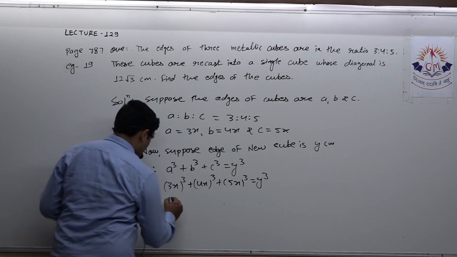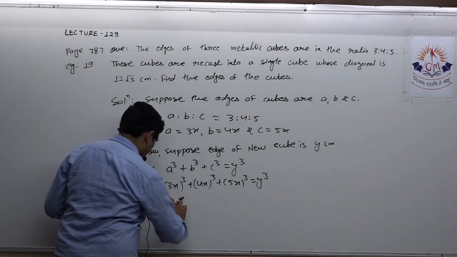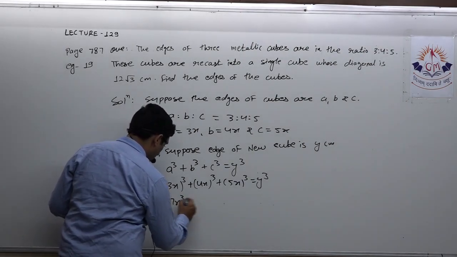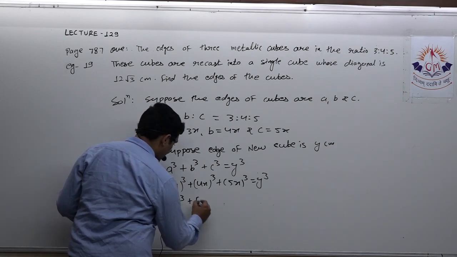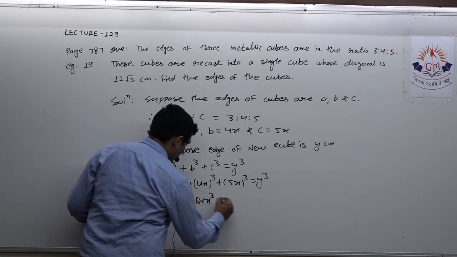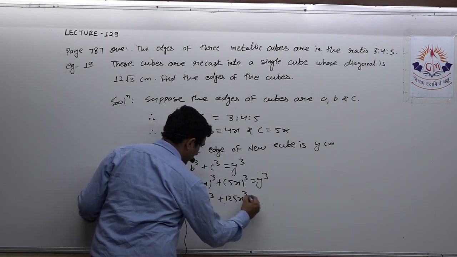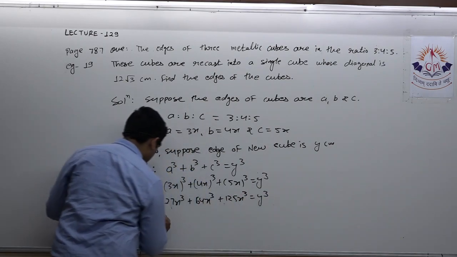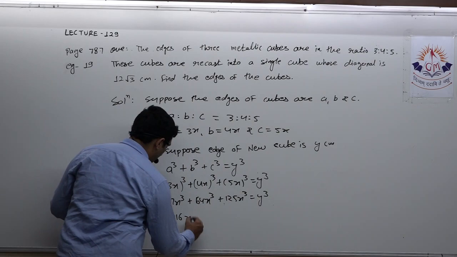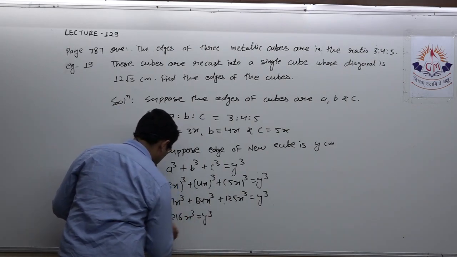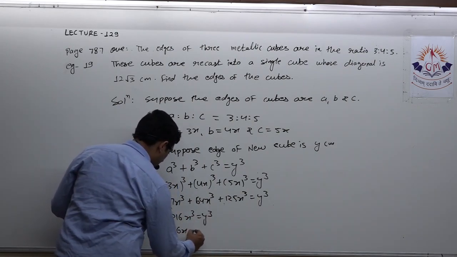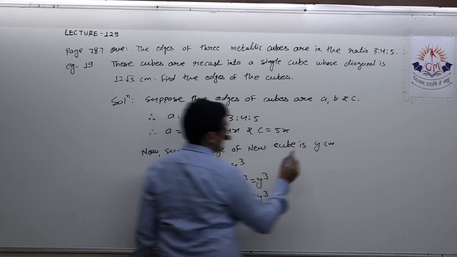Therefore, 27x cube plus 64x cube plus 125x cube is equal to y cube. Therefore, 216x cube is equal to y cube. Therefore, 6x is equal to y.